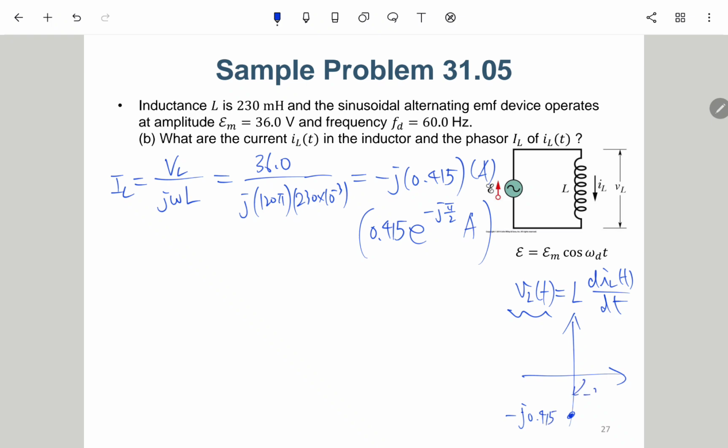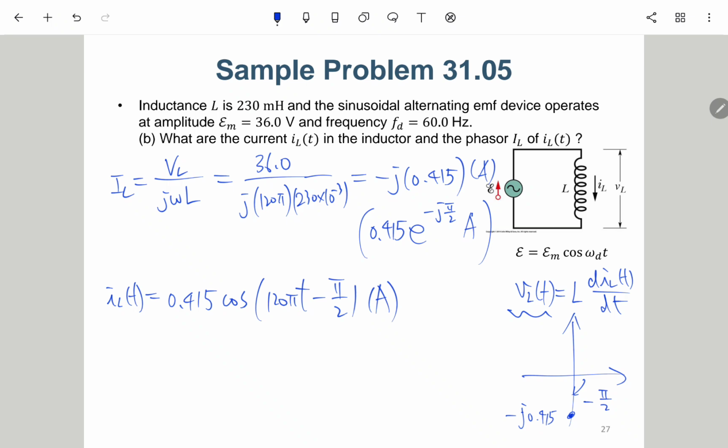So this is negative pi over 2. This is the magnitude here, and the angle here. So in that case, IL of t will be 0.415 cosine of 120 pi t minus pi over 2 A. So this is a time domain function.